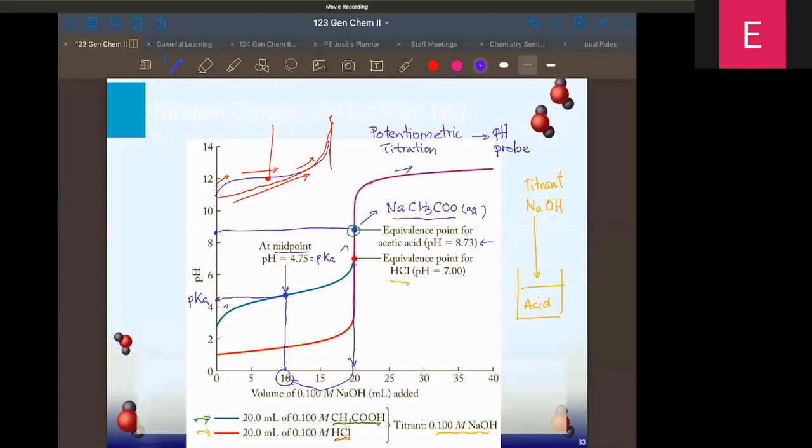So there is no excess base here, but from here on, you'll have excess base. The two curves look exactly the same because they are only the result of the excess base, in this case hydroxide ions, being dissolved into the solution of the neutralized solution with salts.